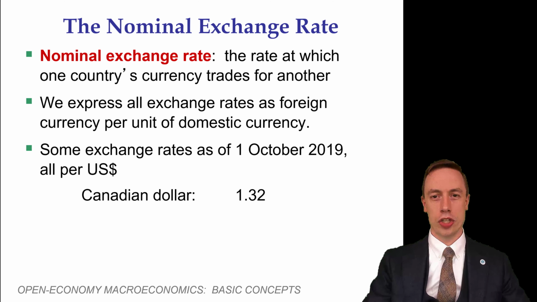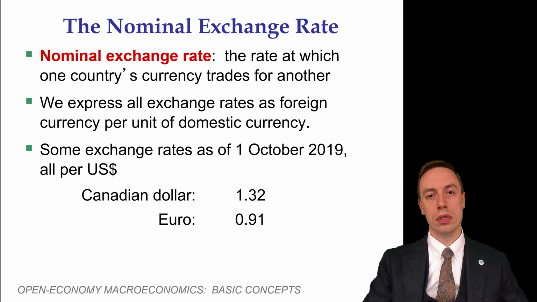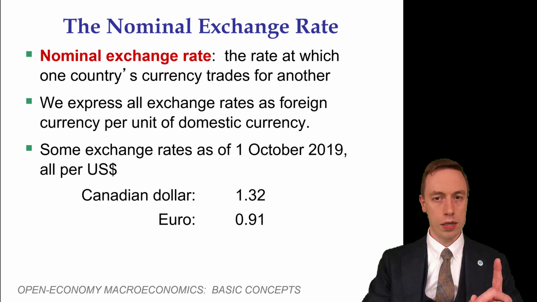Here are some other exchange rates from that same day to give you a bit of a flavor for how this works. On that same day, the exchange rate with the euro was 0.91. So 1 American dollar gets you 91 euro cents. That made $1 less valuable than 1 euro.